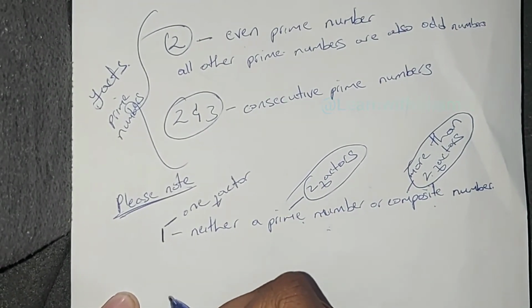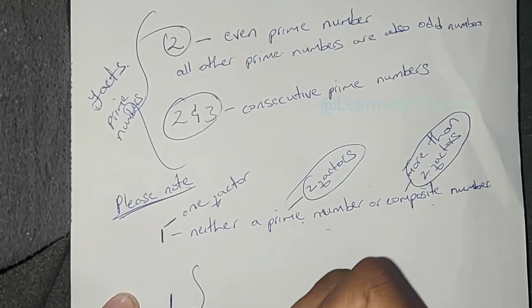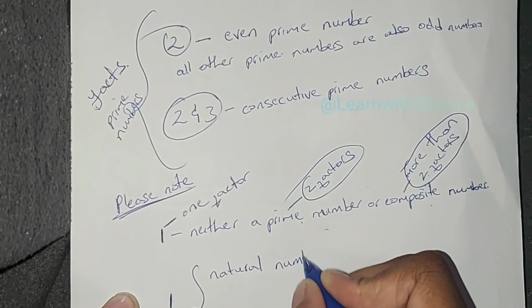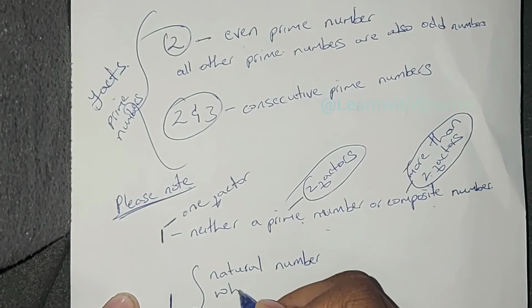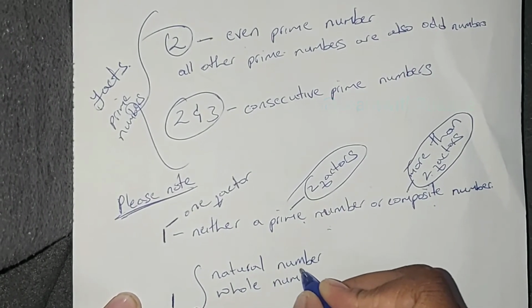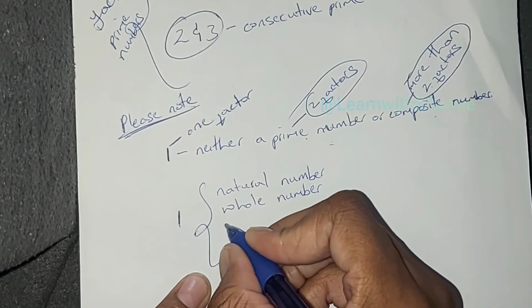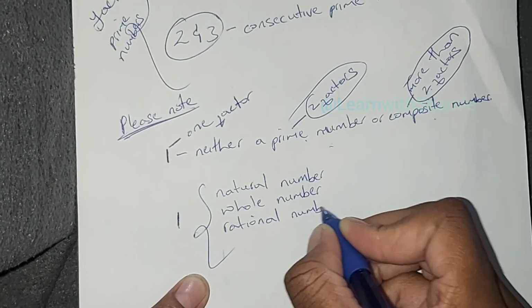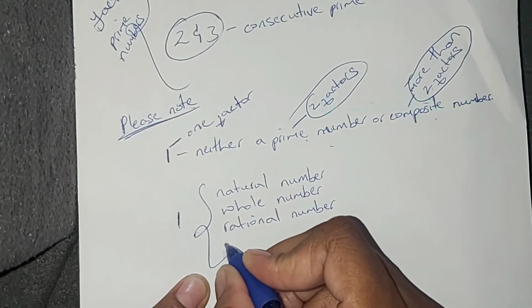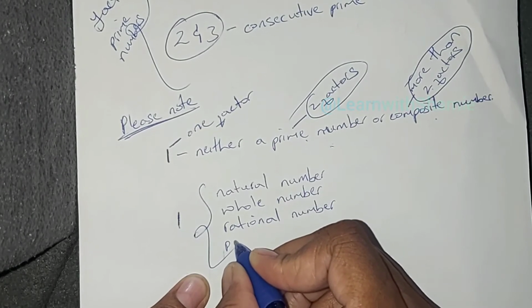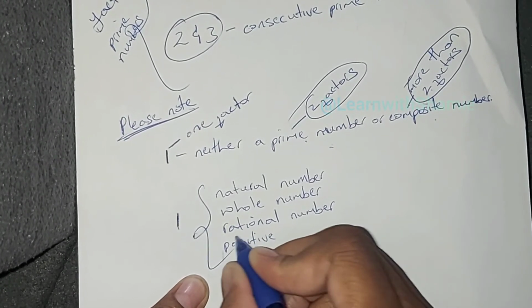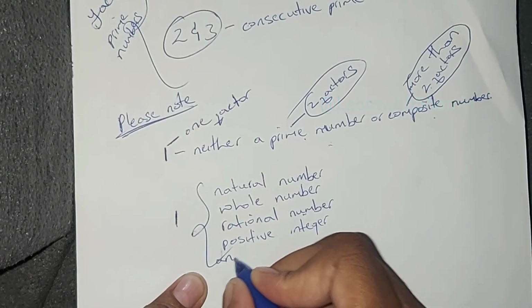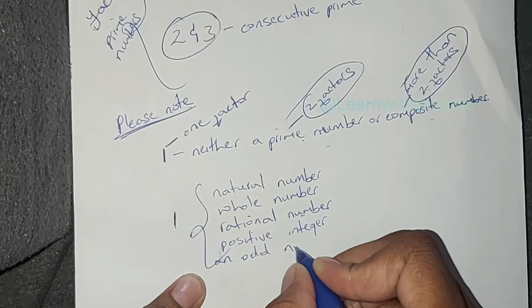Therefore, 1 can be classified as a natural number, a whole number, a rational number, a positive integer, or an odd number.